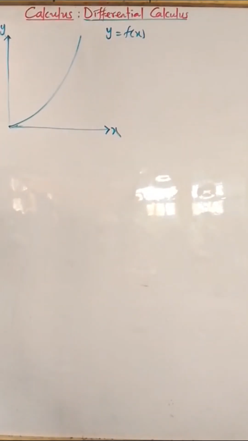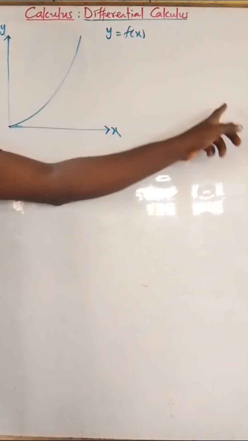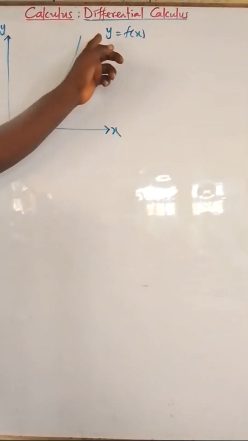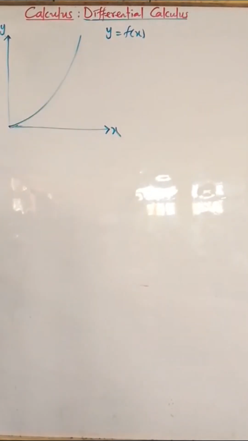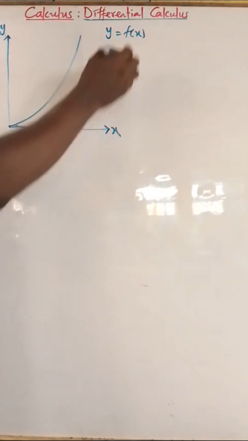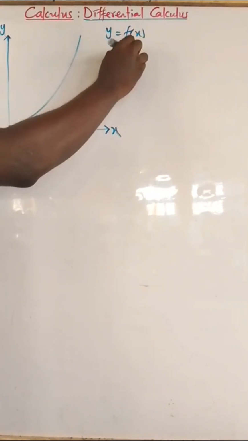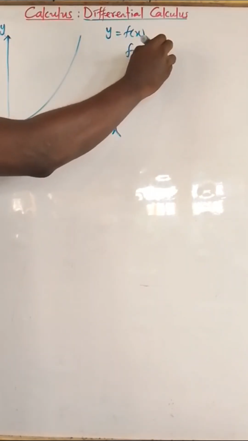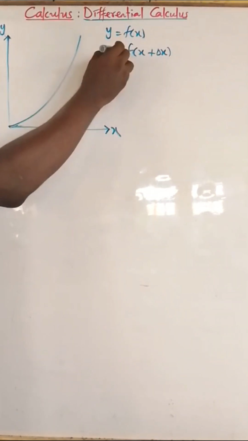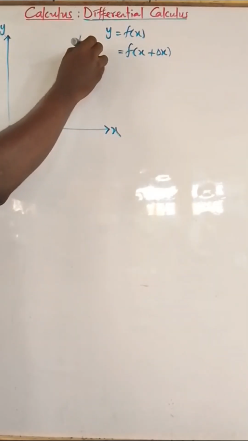Differential calculus is also called differentiation. So we have y a function of x, y depends on x. Since y depends on x, if there is a little addition to x, let me call it change in x, there will also be a little addition to y.